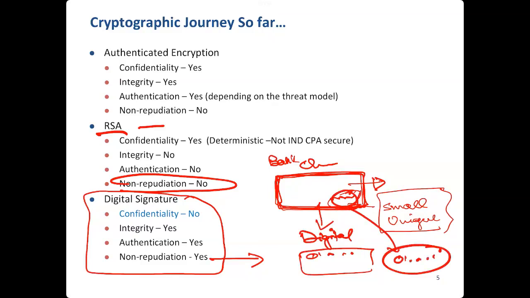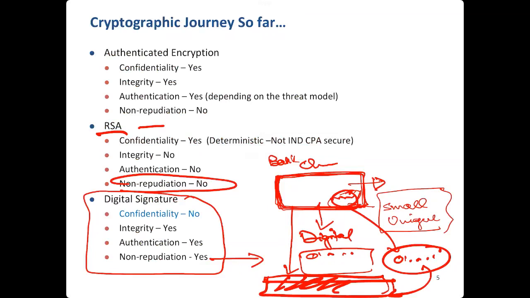So I can always create any document, change the values in the check, and then attach this signature. So we cannot copy this model of physical signature. So we now have digital signatures.